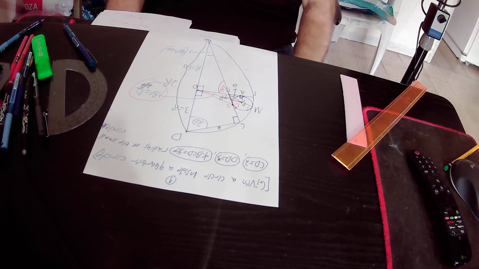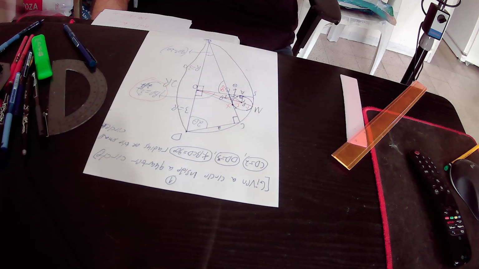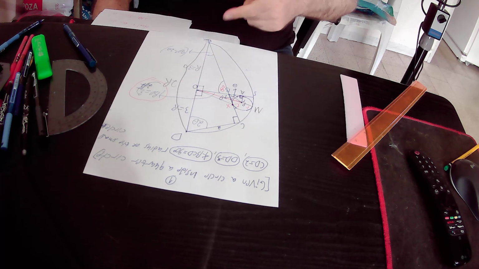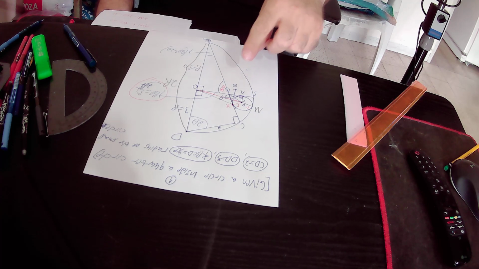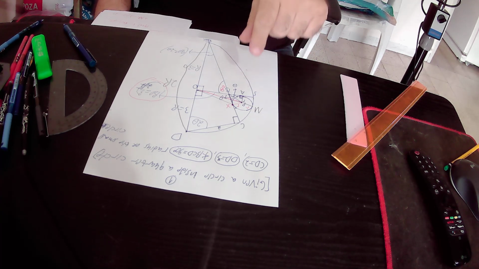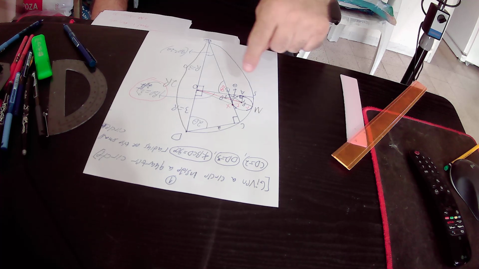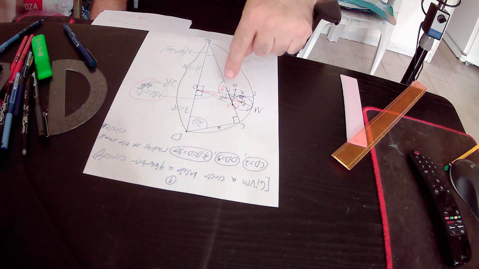Then we extended line segment CB and also the radius DO until they intersect each other at point E. By extending those two line segments, we created two vertex angles, angle ABC and angle EBO.